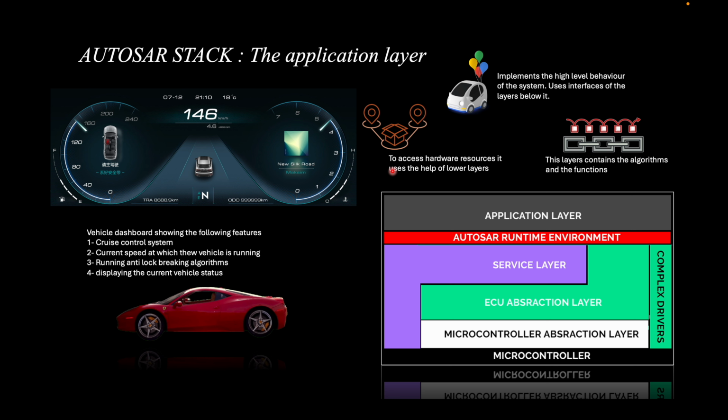So what does the application layer basically contain? Whatever logic you develop inside this application layer basically uses the resources of the hardware that are available through some services, so that you can get some service like cruise control system, lane assistance system, or lane departure system. All these things you can get through the hardware, but the logic you need to build on the application layer. And it implements the high level behavior.